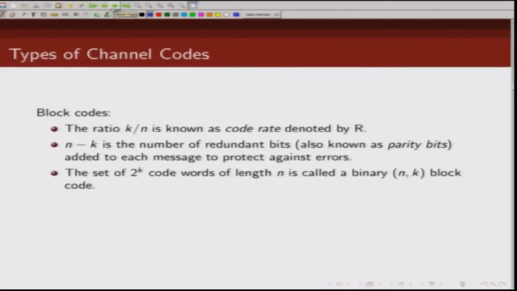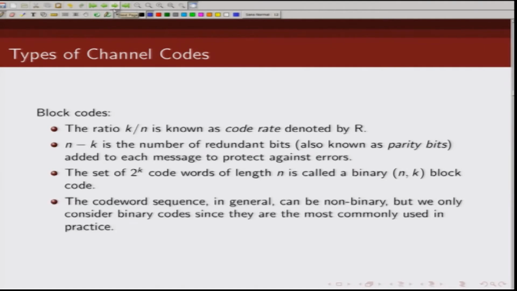So, a binary n k block code consists of 2 to the k code words, each of length n. These code words need not be binary, and the same theory mostly applies to non-binary code words as well, but we will restrict our discussion to binary code words.